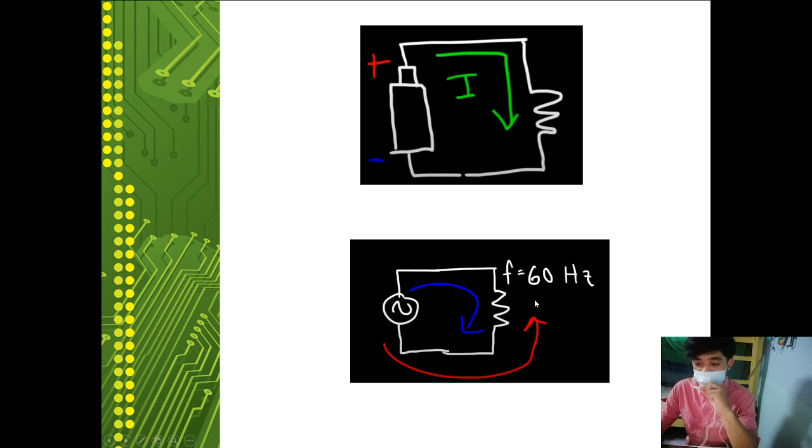Well, in an average household, we've been using 120 volts of power, and the frequency would be 60 hertz.